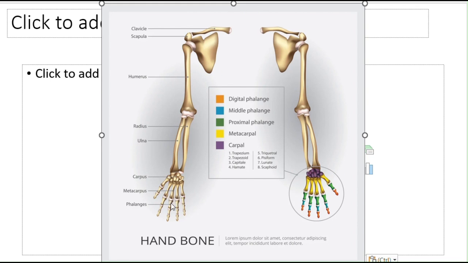This is called the proximal phalanges. But another one is more away than the proximal. It is called the distal phalanges, and between them it is called the medial or intermediate phalanges.